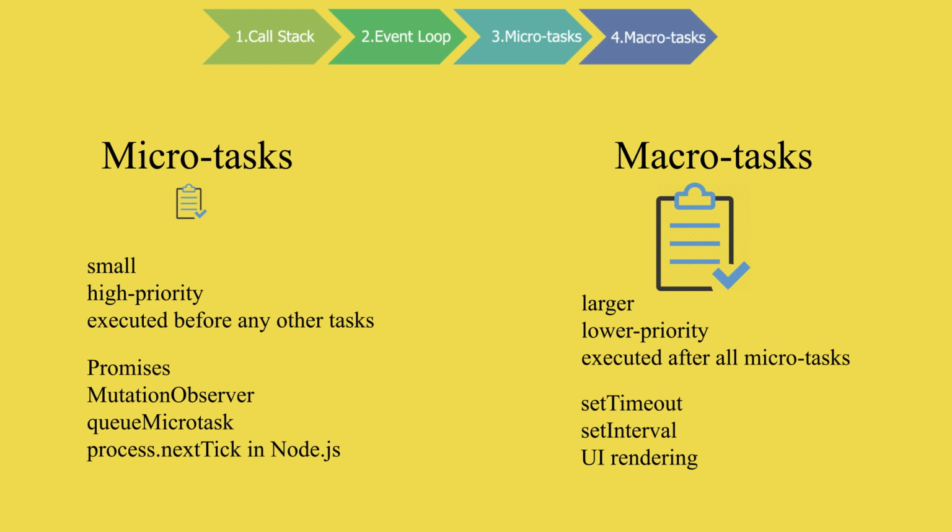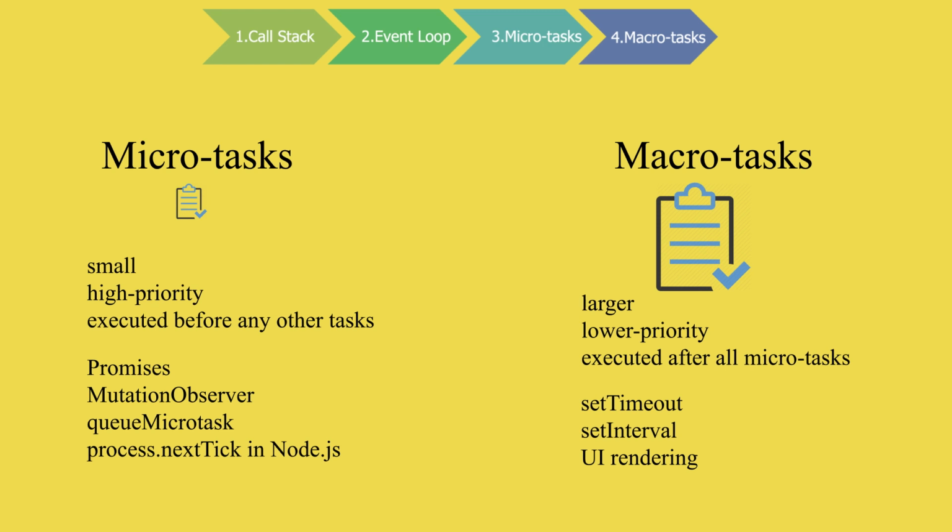Now that we understand the basic differences between microtasks and macrotasks, let's take a closer look at the key differences between them. Microtasks are executed before any other tasks, which means that they have a higher priority. Macrotasks are executed only after all microtasks have completed, which means that they have a lower priority.